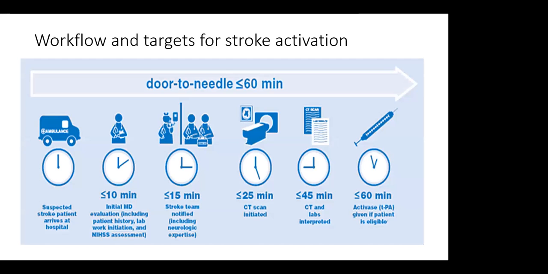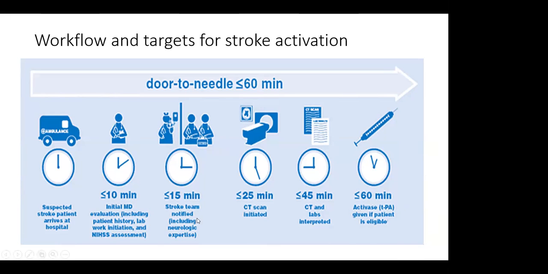Some of the workflows and targets for stroke activations: our aim is a door-to-needle time of less than 60 minutes. When patients with suspected stroke arrive at the hospital, in the first 10 minutes the initial ED team will do an evaluation based on patient history, lab work initiation, and NIHSS assessment.